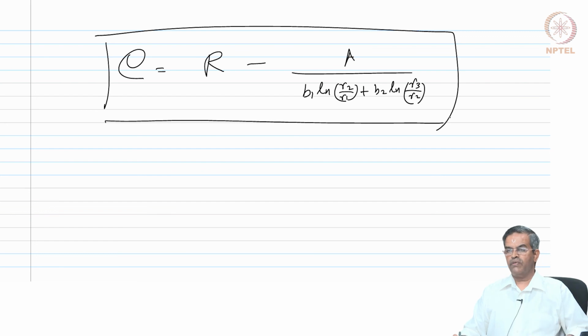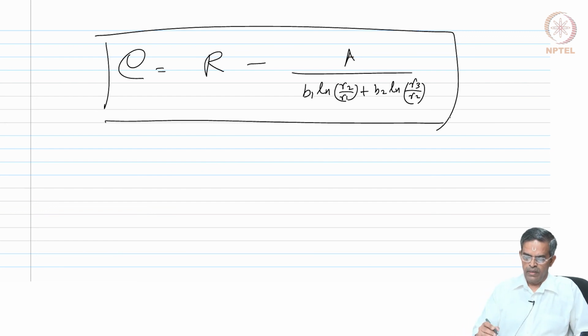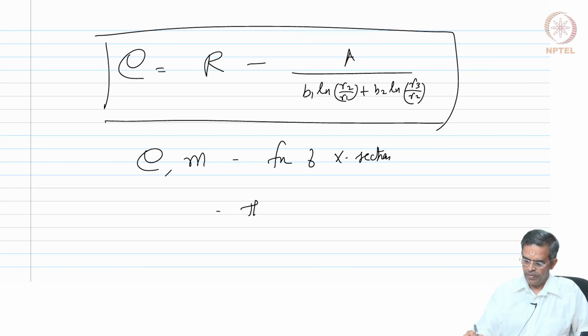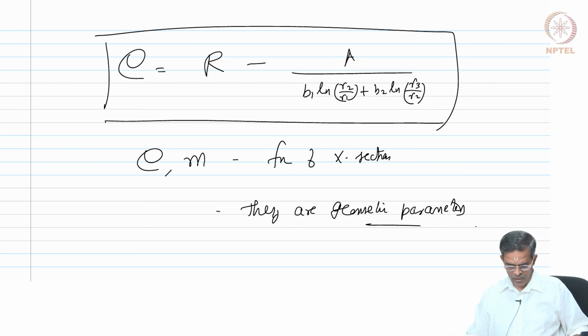Same, I am just writing this equation. So, friends, you can see from this equation e, M are all functions of cross section. Okay. They are geometric parameters. Is it not?